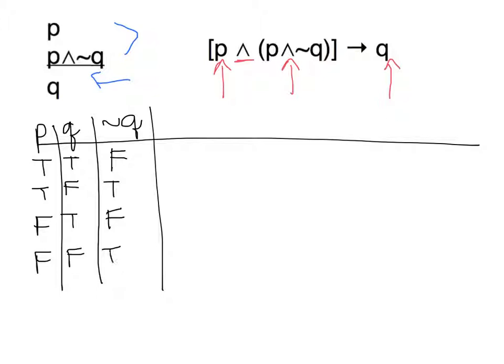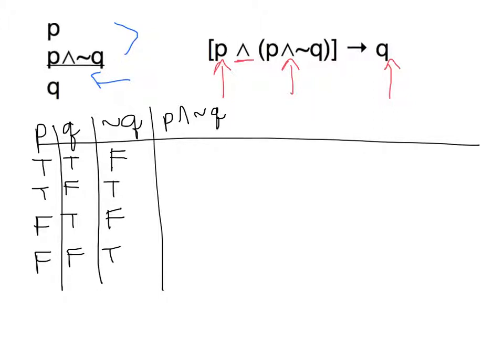true, false, true. The next thing we're going to do is tear apart this compound statement in pieces. When we look at the antecedent of our if-then statement, we see that we need a P. We have that already. But we also need a P and not Q. So the next thing we're going to find is P and not Q. And as a reminder, and is true only when they are both true.